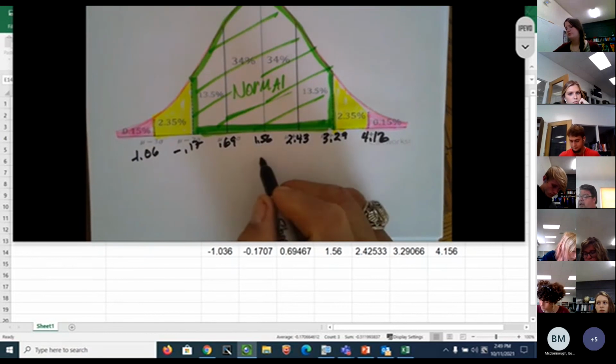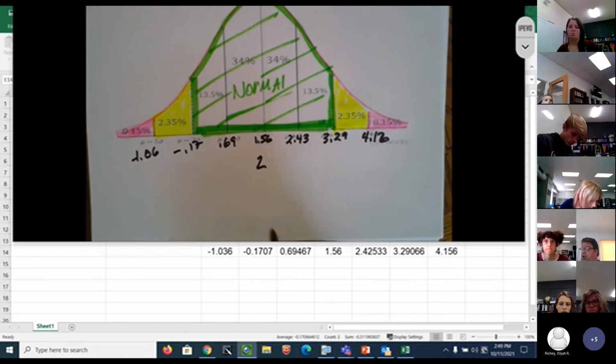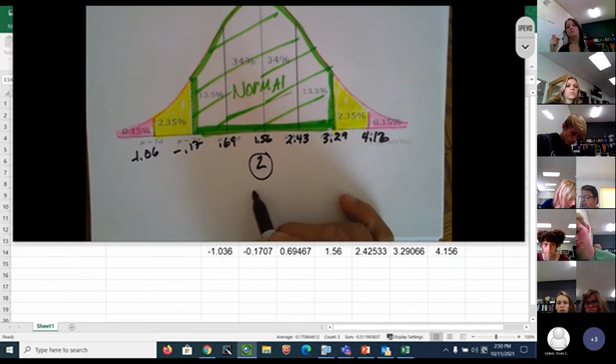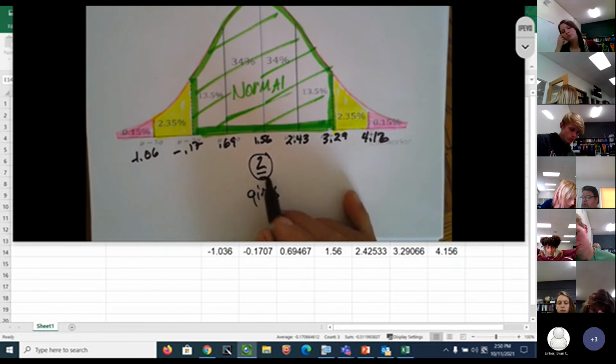So on average, according to this data, if you were to survey 100 households, chances are you would have an average of 2 girls in households with 3 children. That would be the mean, 2 girls.